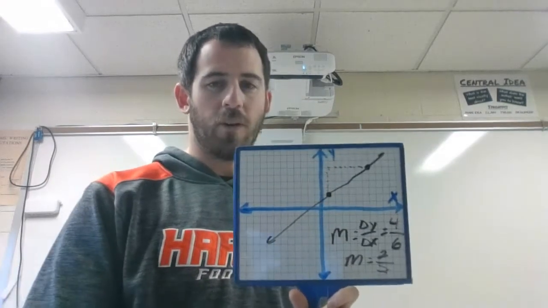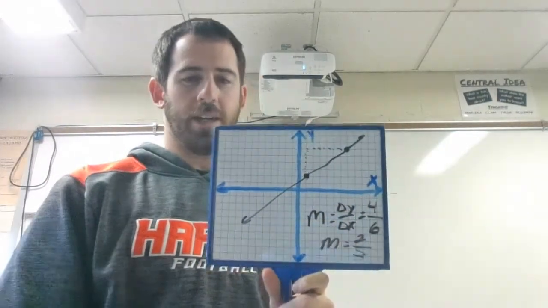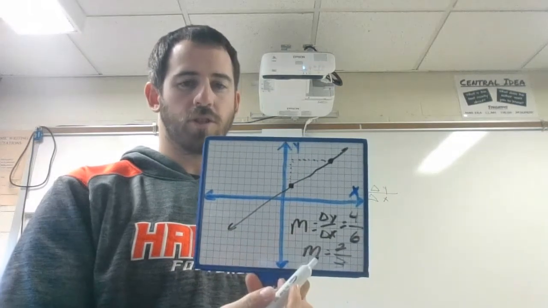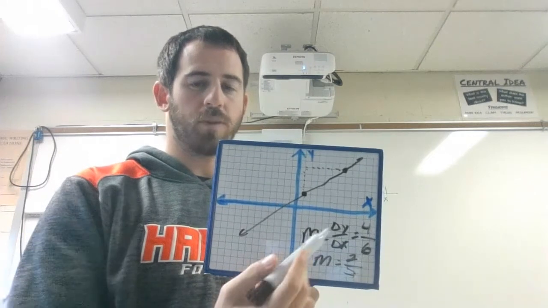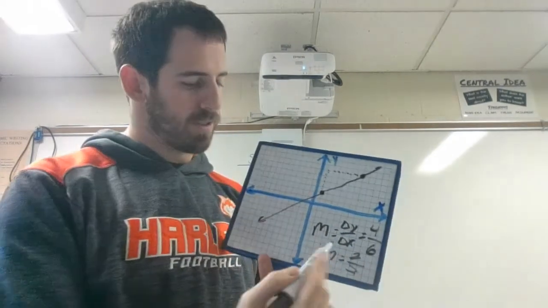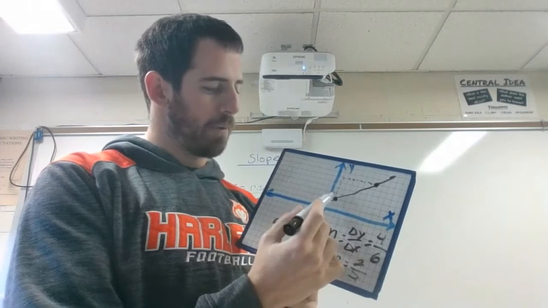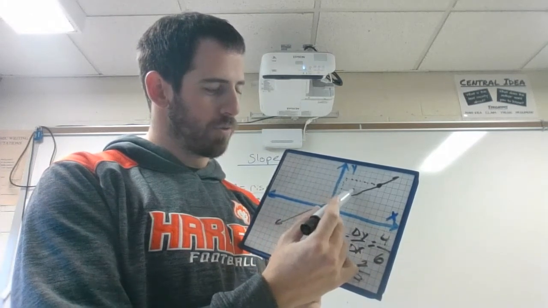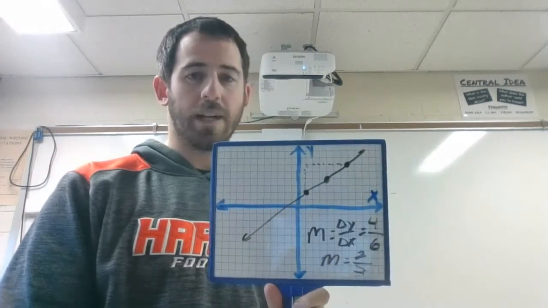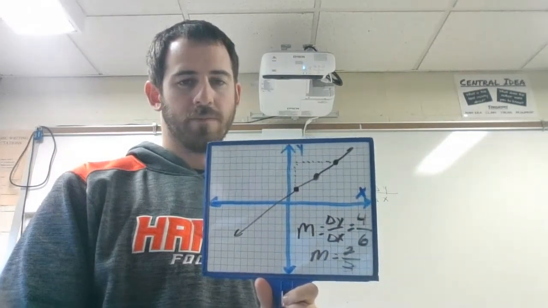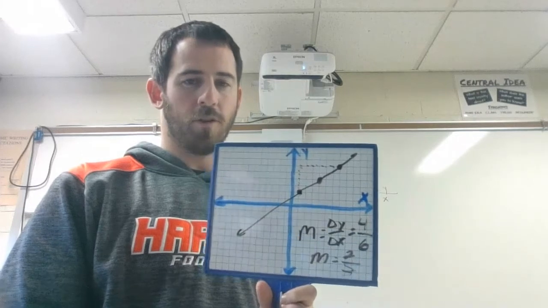Now, one thing I will say is whenever you can reduce your fraction, that means that you have a point between the 2 points that you were just using. So instead of going up 4, if I went up 1, 2 and right 1, 2, 3, you'll notice we're in fact on that same line. And then you could technically use slope by continuing.